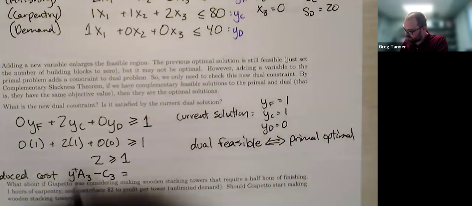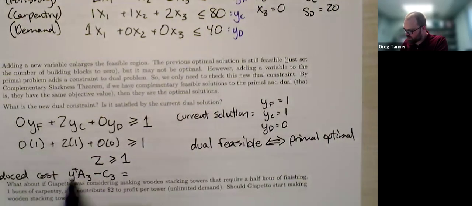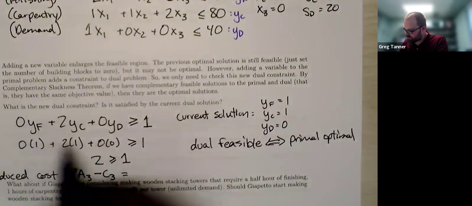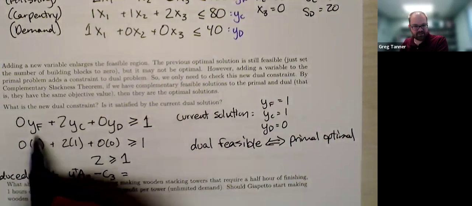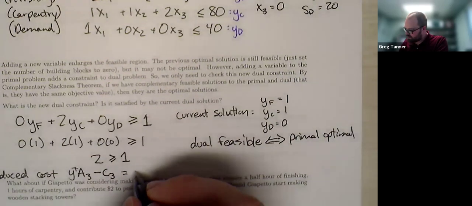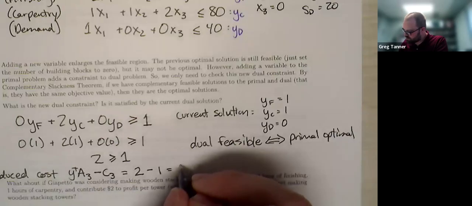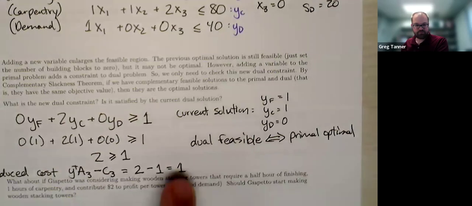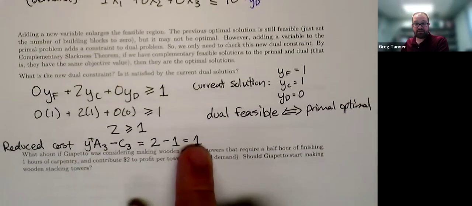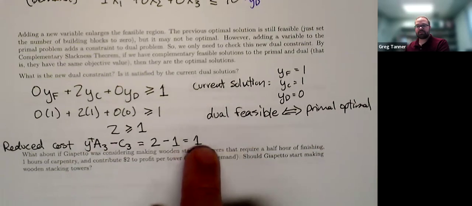So y transpose times A3 is our y vector times the 0, 2, 0. That's exactly what we computed over here. And so that's going to be 2 minus C3, which was 1. And so our reduced cost in this case is positive. And for a maximization, a positive reduced cost means that we're optimal.